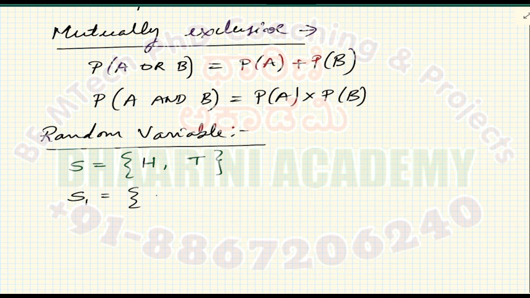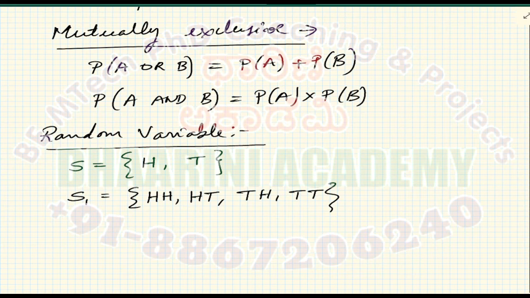I'm throwing the coin twice. When you throw a coin twice, or throw 2 coins simultaneously, that's also fine, the possible results are head head, head tail, tail head, and tail tail.